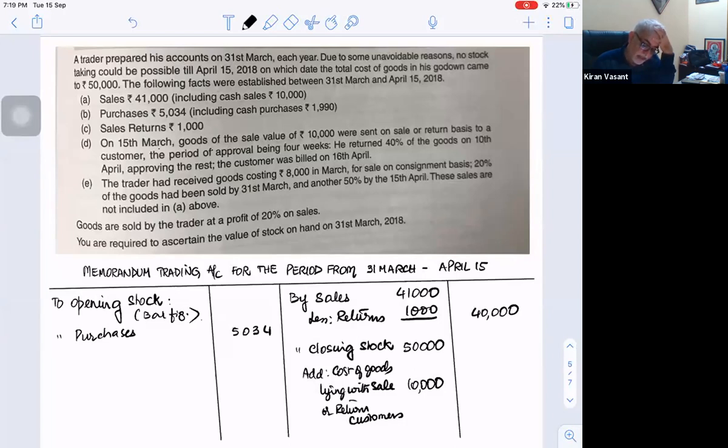He returned 40% on 10th April afterwards only. So on 31st March, it is 10,000, but sale value, I cannot take sale value, okay? What is the GP? 20%. So I should take only 8,000.